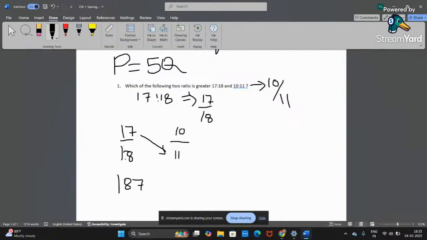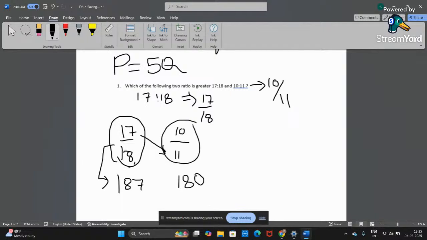And 10 into 18, we have to take this value as this one. This value is 187. And 10 into 18, it is 180. We have to consider this value as 180. In between this, which one is greater? 187 is greater, right? So, in between these two ratios, 17 by 18 is greater.